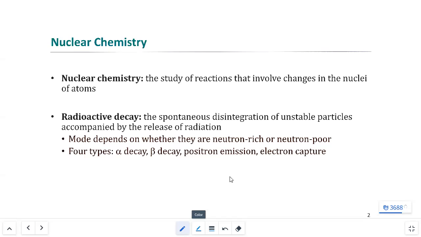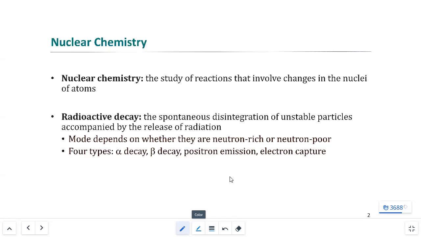We'll see the release of energy, usually high energy, stuff that can be particularly damaging because of how high energy it is. And often we will see the release of particles. And those particles get ejected from that nucleus in a way to try to stabilize the nucleus.